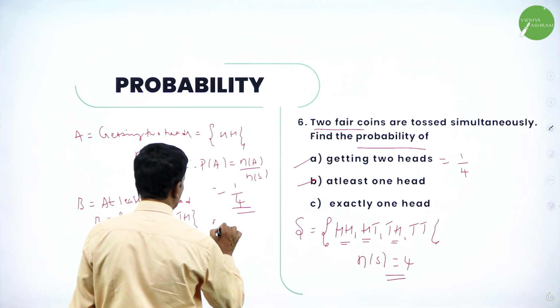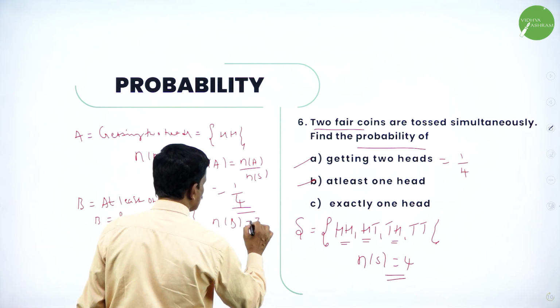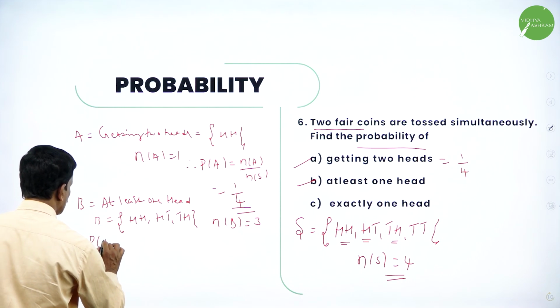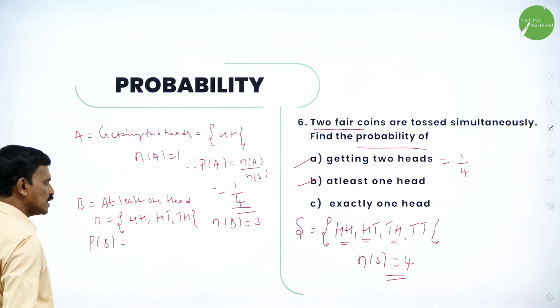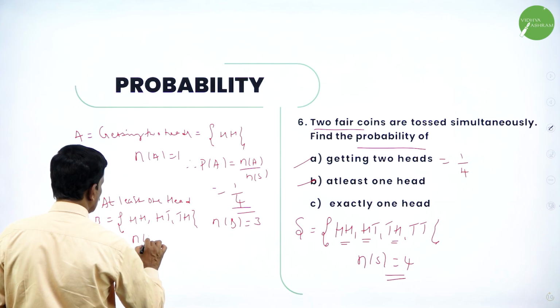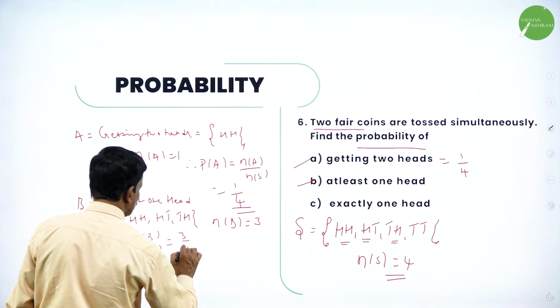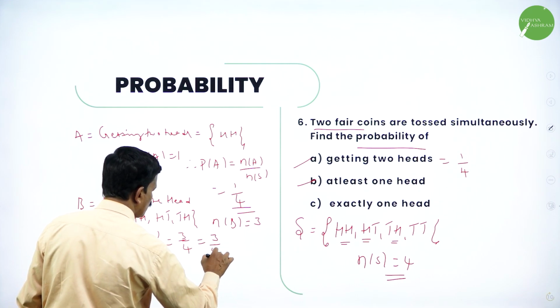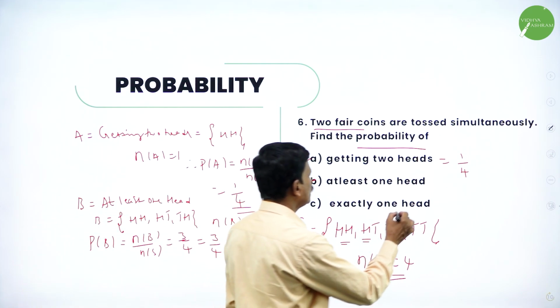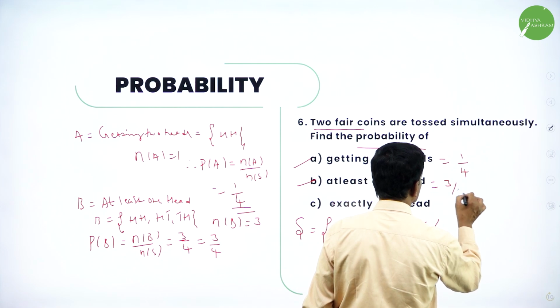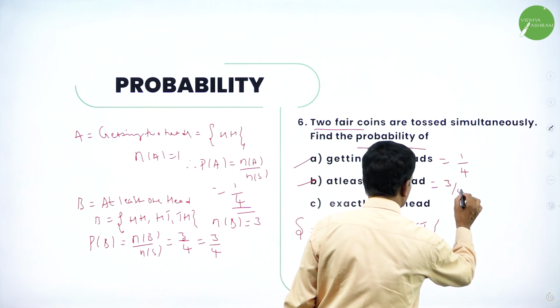Here n of B is equal to 3. Therefore, the probability of getting at least one head is P of B equal to n of B divided by n of S, that is 3 by 4.